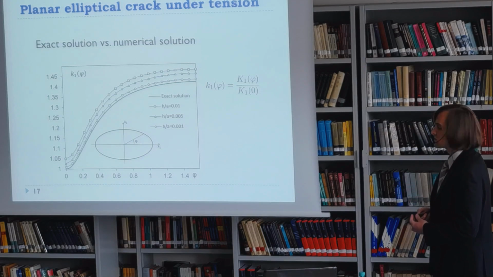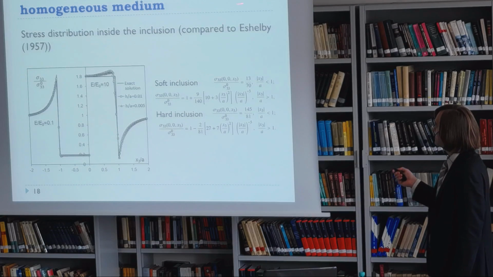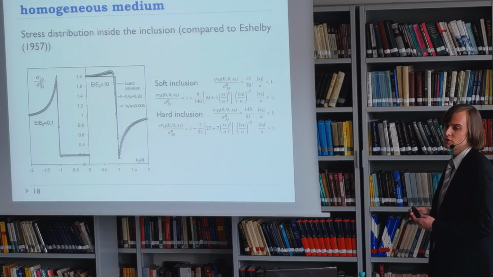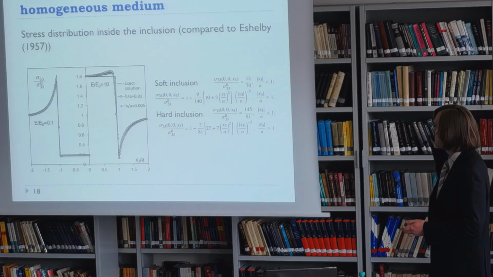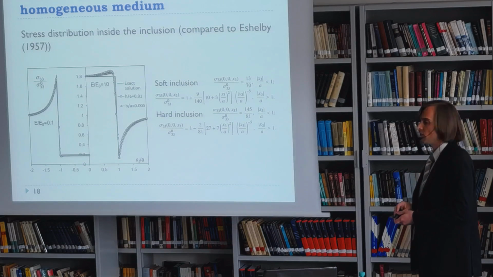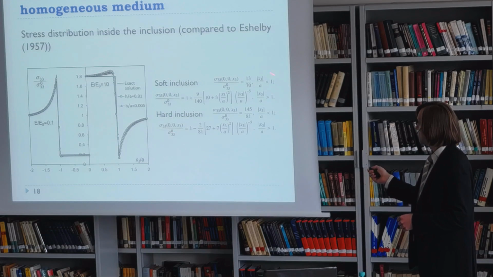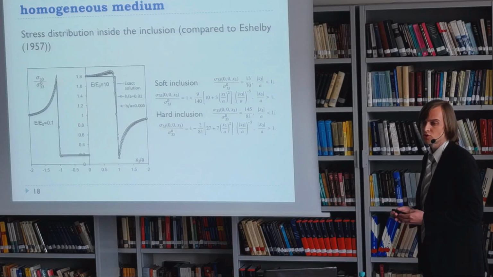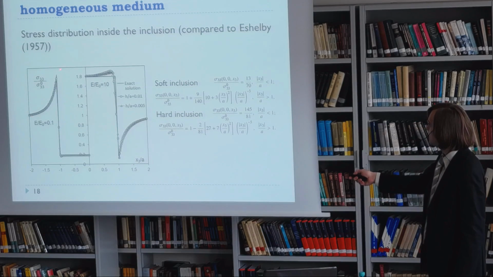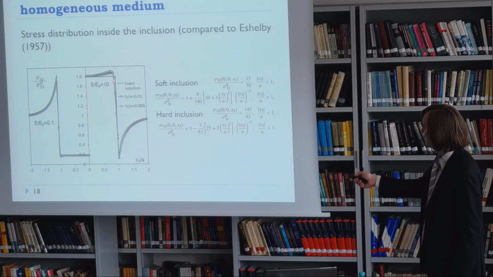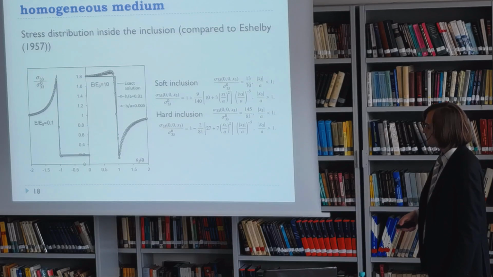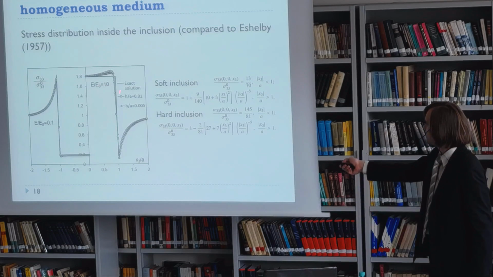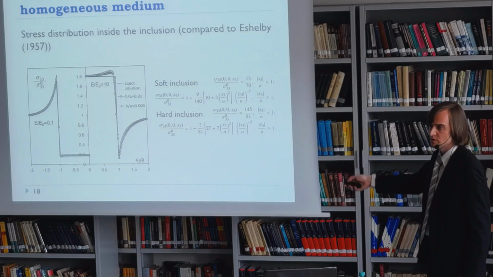So let us consider another example here of an isolated spherical inclusion in a homogeneous medium, which is the solution of Eshelby of the 50s. Here we have the already known solution, and here is our numerical solution of the stress field inside the inclusion and near the inclusion.